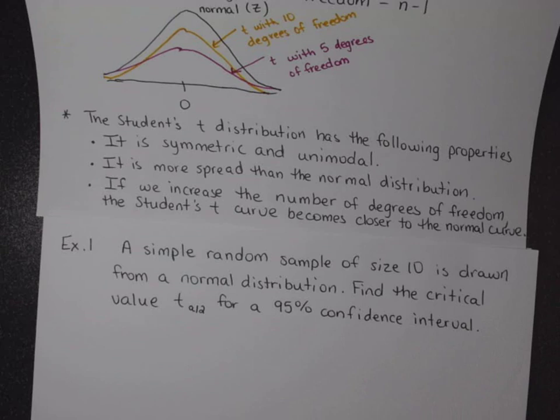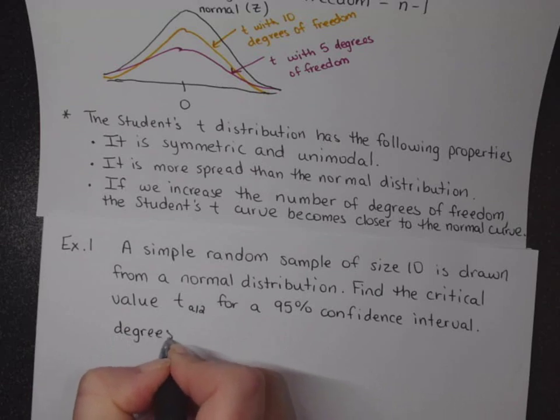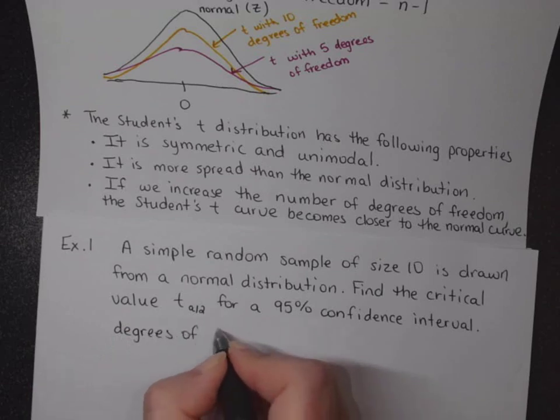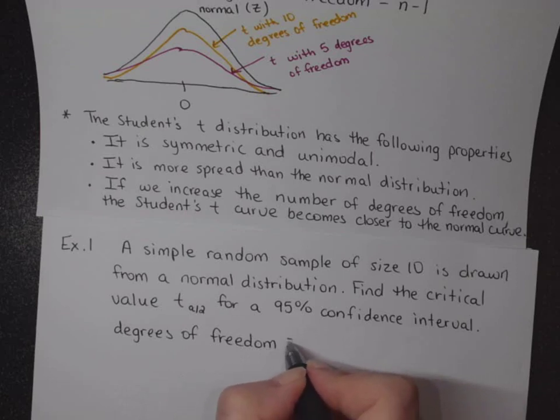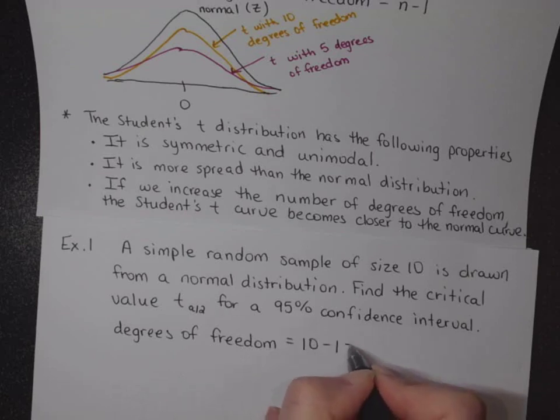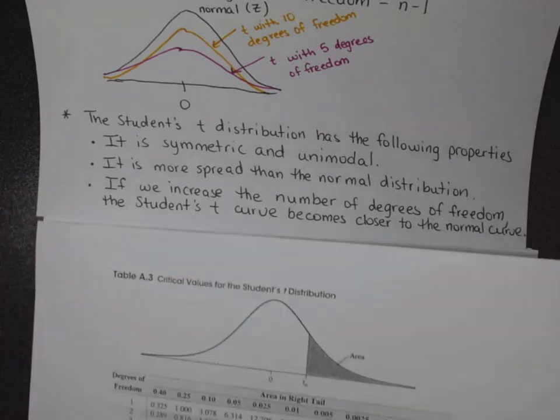Okay, so this is going to look very, very close to what we did before. It's just we have to do a little bit different work, use a different table. So first we need to figure out what the degrees of freedom are. The degrees of freedom is whatever one less than our sample size is. Once you decide on the degrees of freedom, I'm going to move this away, so maybe pause this.